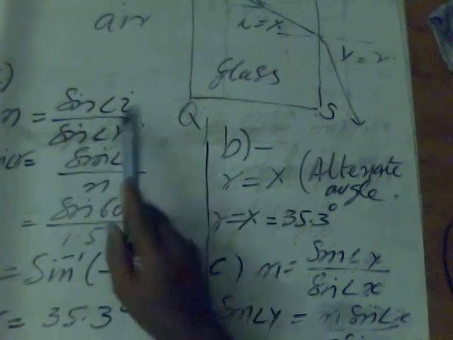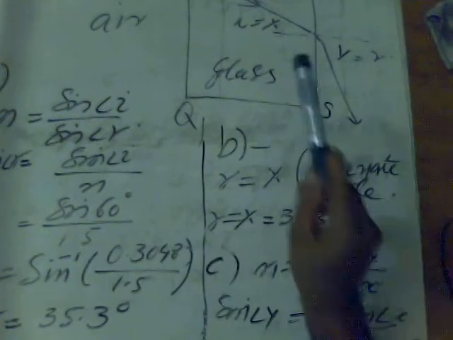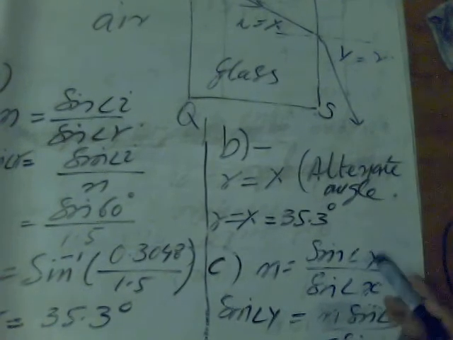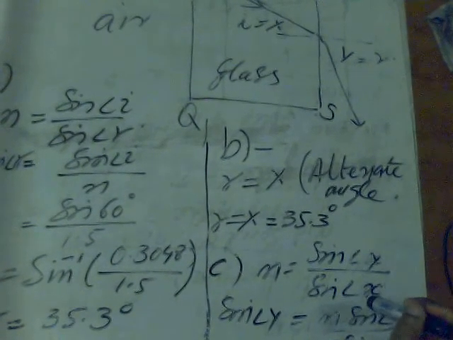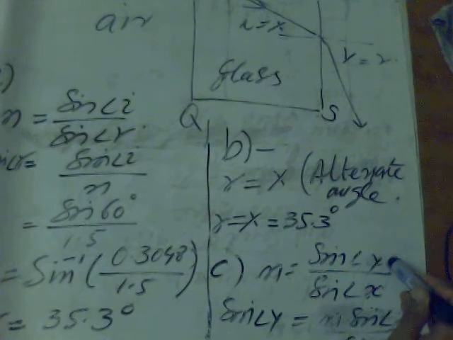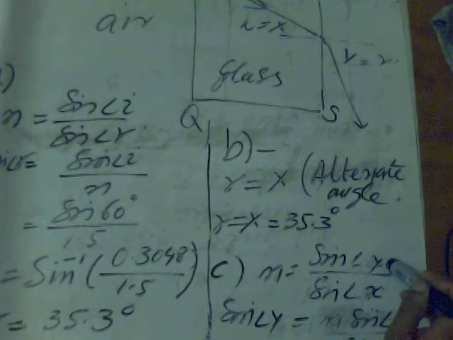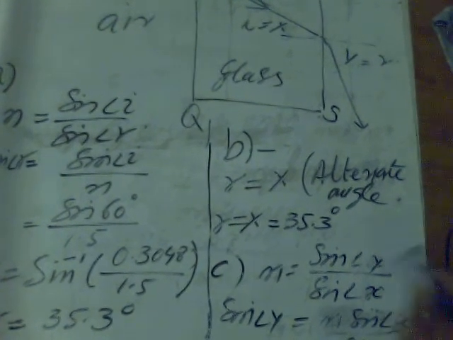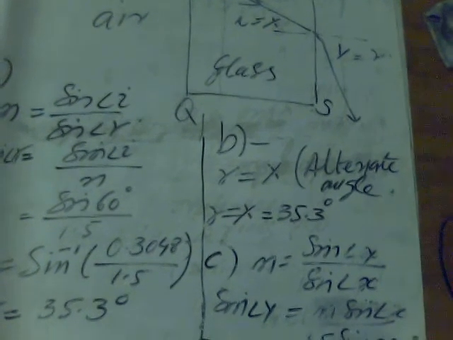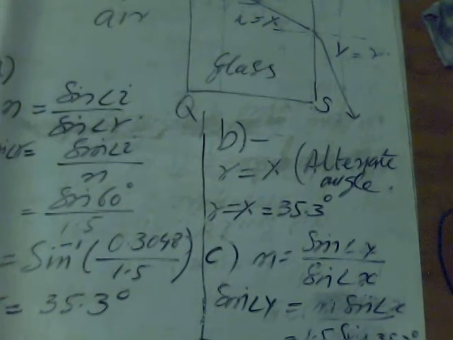But it changes when the rays enter from denser to rare medium. The angle of incidence comes on the denominator place and the angle of refraction comes on the numerator place. Next time when you solve a numerical problem or an example yourself, you must keep this in your mind.